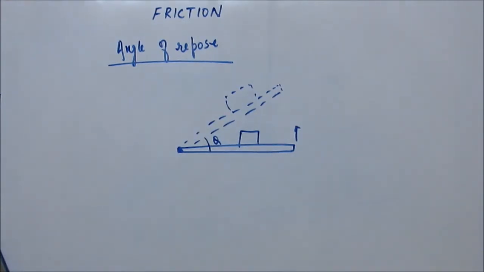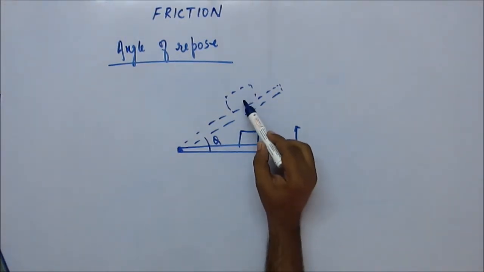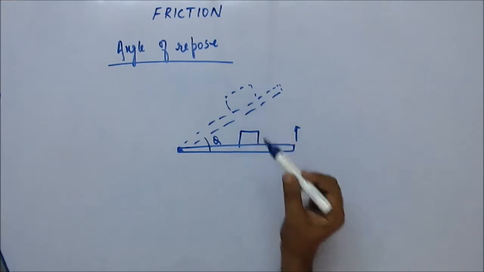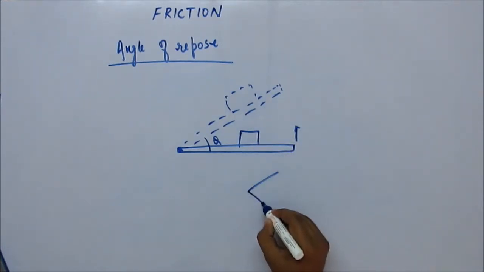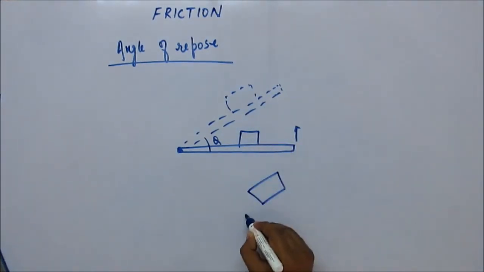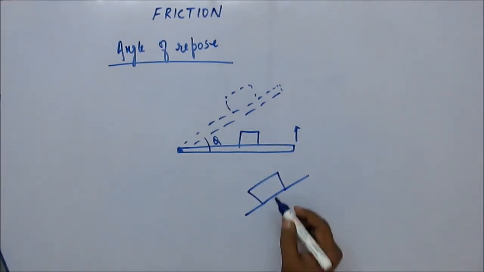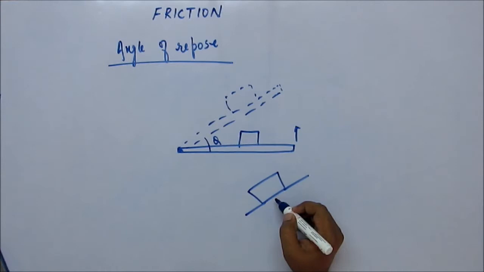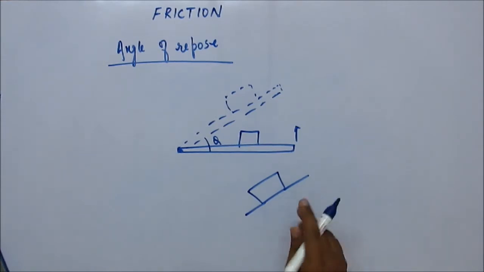And using basic mechanics, you can find out what will be the angle of repose. When it just starts to slide, let's see what will be the forces acting on the body, so that we can find this angle theta if we know the mu. Mu experimentally can be easily found out, so most of the time we would be relying on the value of mu.